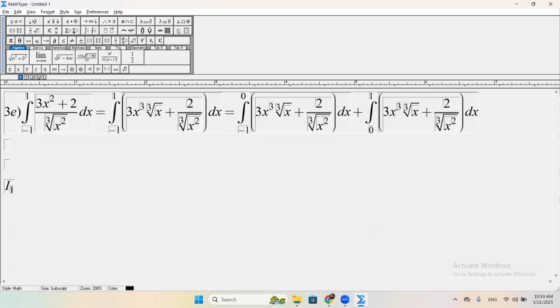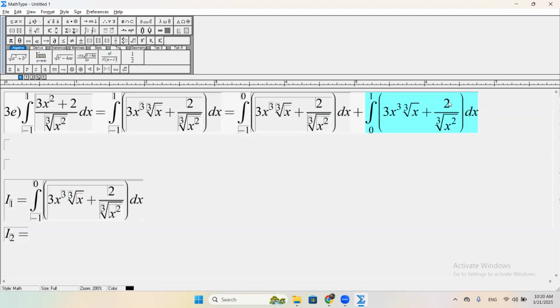So I1 equals this integral, I2 equals this integral.